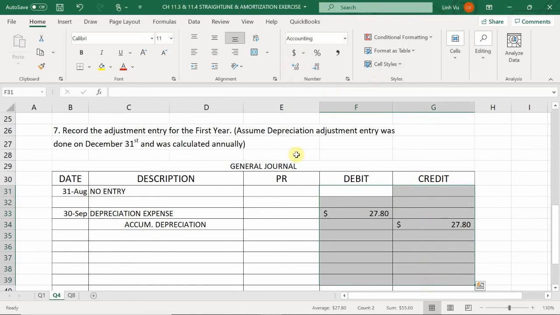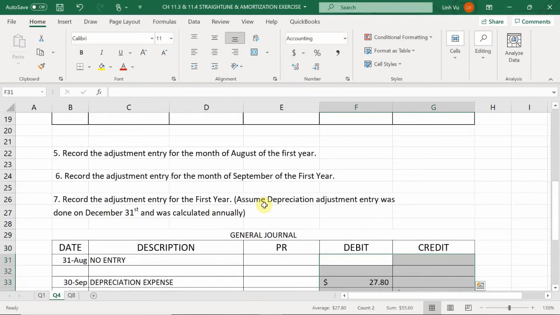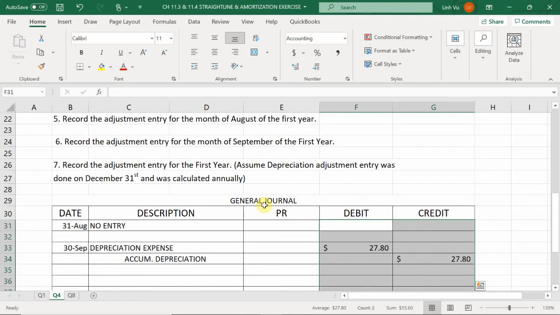Now, question number 8 asks, if the adjustments were actually recorded at the end of the year, assuming that depreciation adjustments were done as of December 31st, what would be the adjustment entry if it was calculated annually?